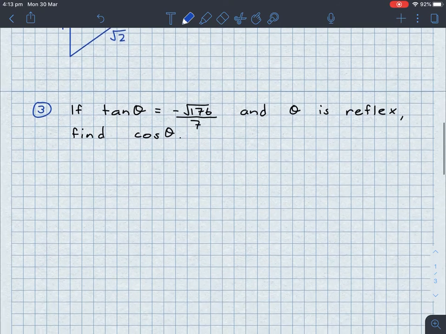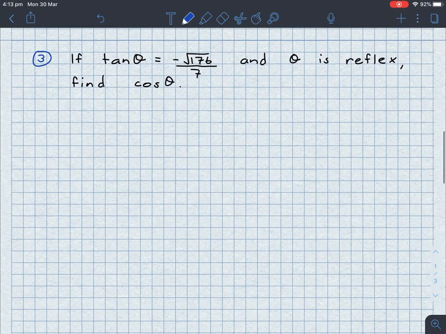All right, example 3. If tan theta equals negative square root of 176 over 7 and theta is reflex, find cos theta. So again, I'm going to start by working out which quadrant I'm looking at here. All stations to central. Tan is negative, so that could be the second or the fourth quadrant.